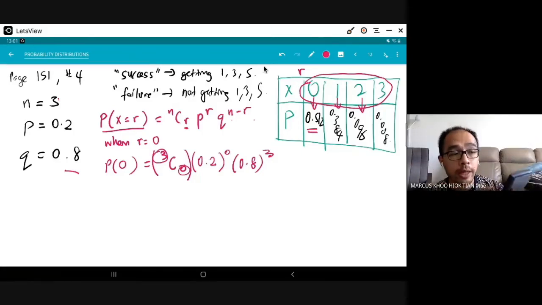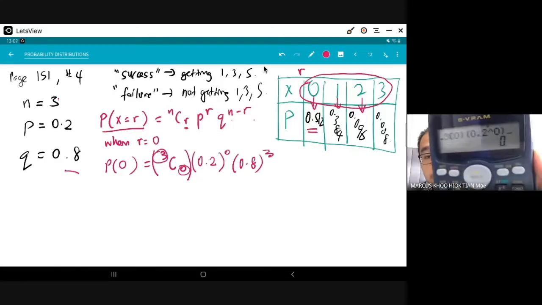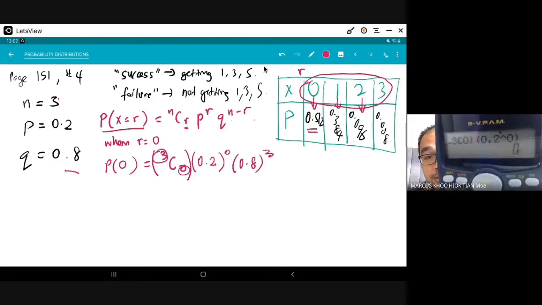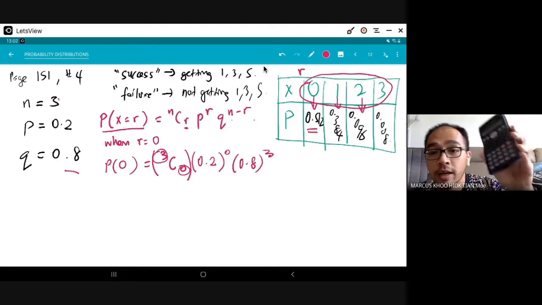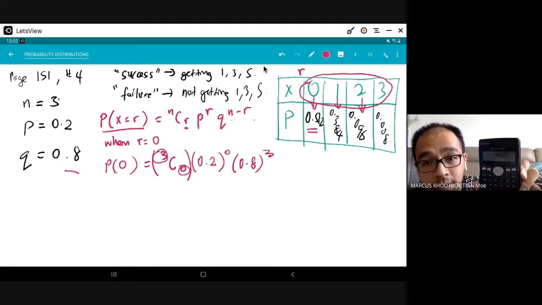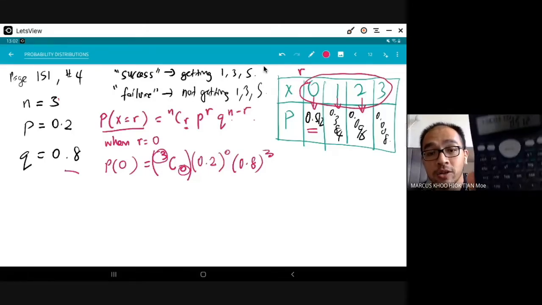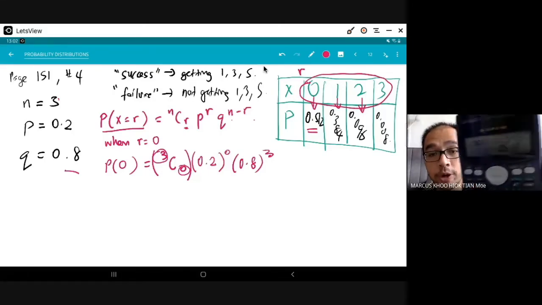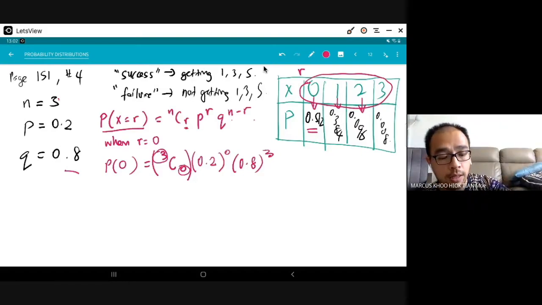Okay, and then open another bracket, 0.2 to the power of 0. Boleh nampak kah? Okay, 0.2 to the power of 0. And then you do the same thing, 0.8 to the power of 3. Okay, when you press the equal sign, you will get the exact same answer that you got in the jadual, 0.512. 0.512.